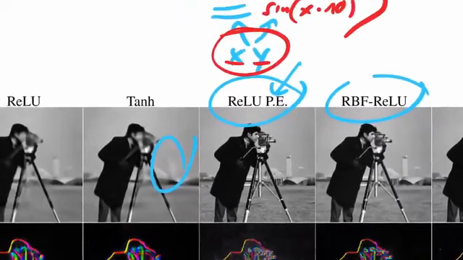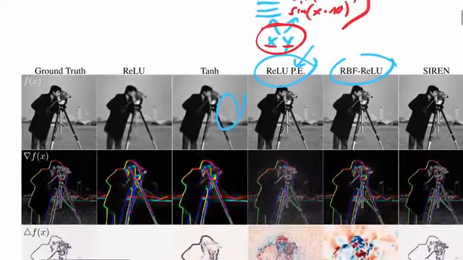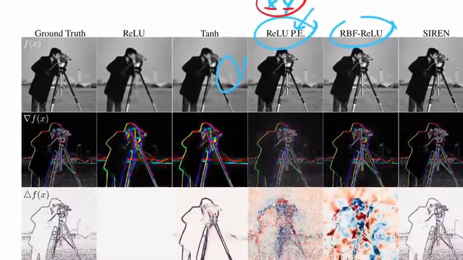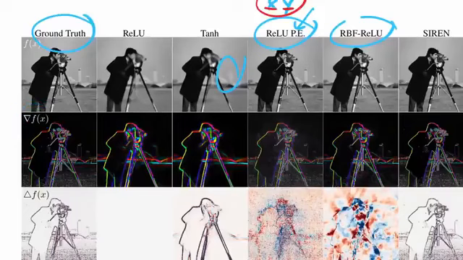If you do that, you kind of recover some of the image, but you see here they also analyze how... So this is the ground truth, and this is the gradient of the ground truth, which is basically a Sobel filter, if you know that. It's basically an edge detector, color gradient thing. And then this here is the second derivative, the Laplacian of the image.